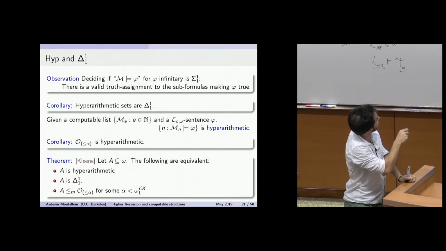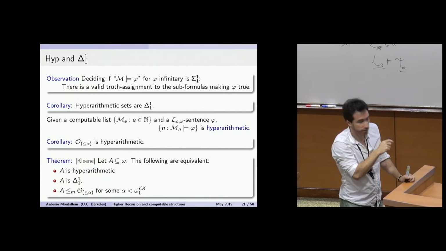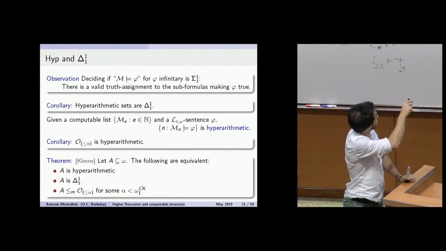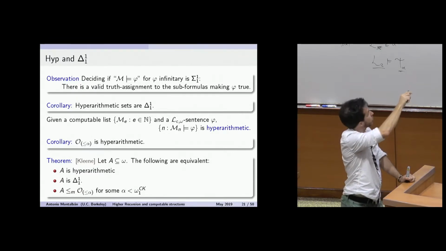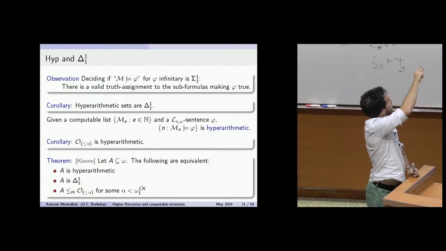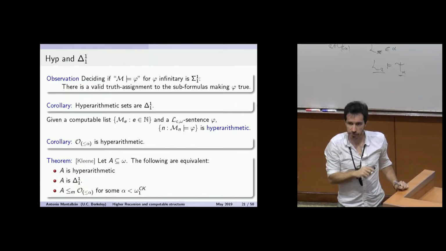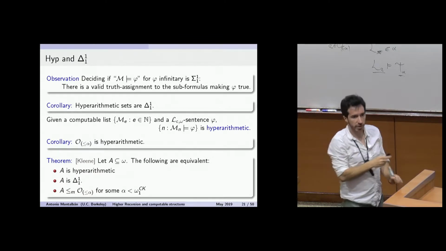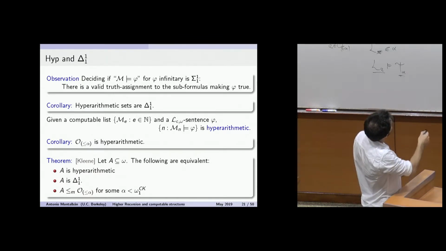So we had this equivalence in the previous lecture, and this one implies that one because of the corollary right here. So all of these are hyperarithmetic, and therefore this A is hyperarithmetic too. All right? So that's how we get that hyperarithmetic is the same as delta 1.